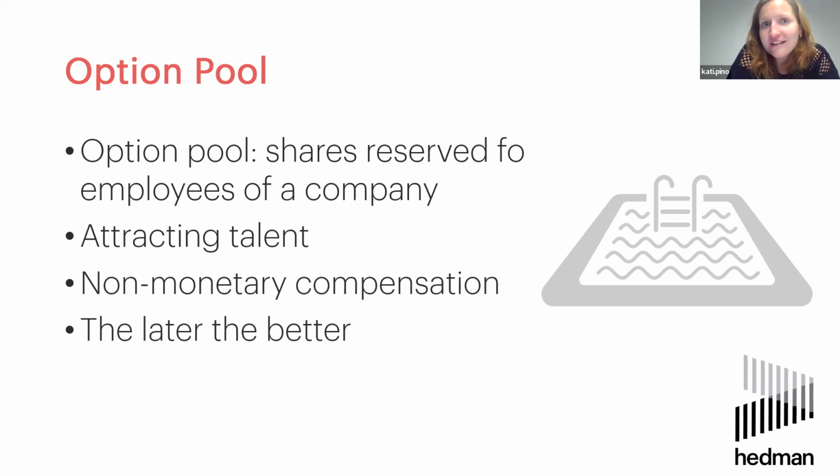How much shares to give to the employees? Well, yet again, it depends. Generally, the option pool size is 10 to 15% of the share capital of the company. So if you have the typical Estonian company of 2,500 as the share capital, then if you want to have a 10% option pool, that would be 278.